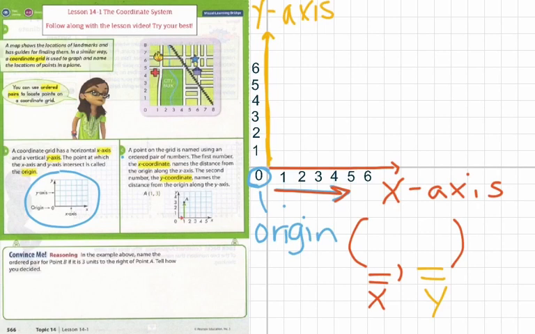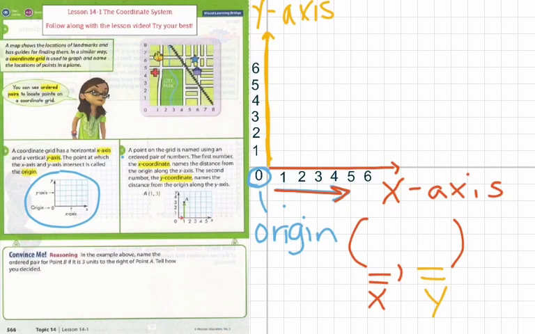So for example, on this one, it says that to find it, the first number is the x-coordinate, which names the distance from the origin along this x-axis. So how far to the right are we going to have to move? And then the second number, the y-coordinate, says how far up we have to move.